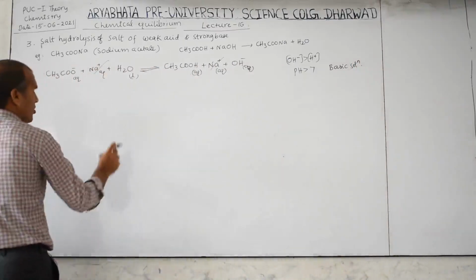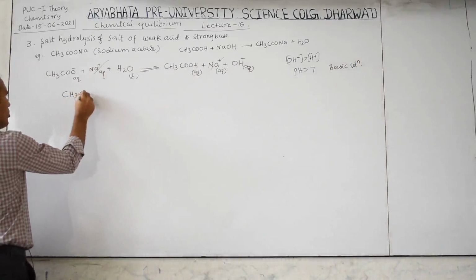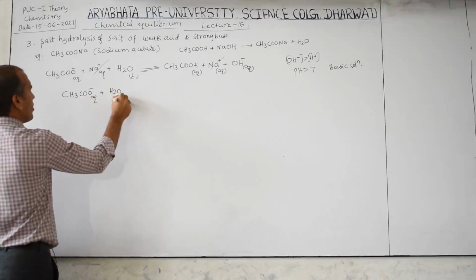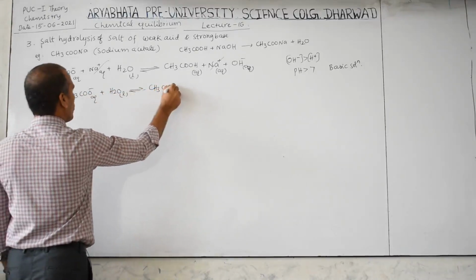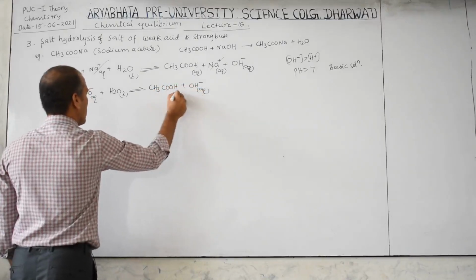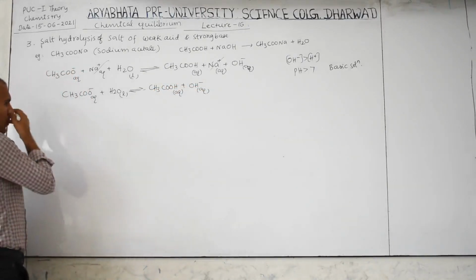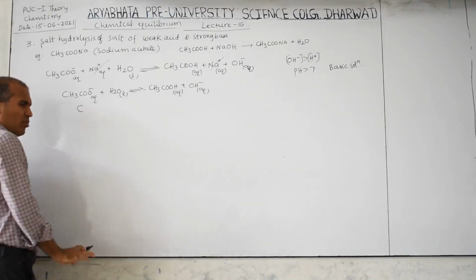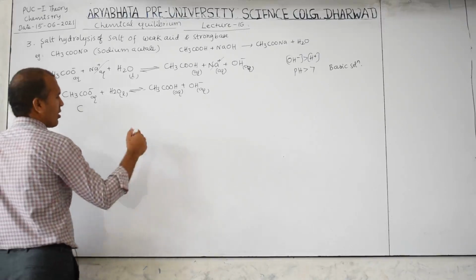Once again I am writing here: CH3COO minus aqueous plus H2O liquid gives CH3COOH aqueous plus OH minus aqueous. The initial concentration is C. Water is a pure liquid, so we do not consider it in the equilibrium constant expression.